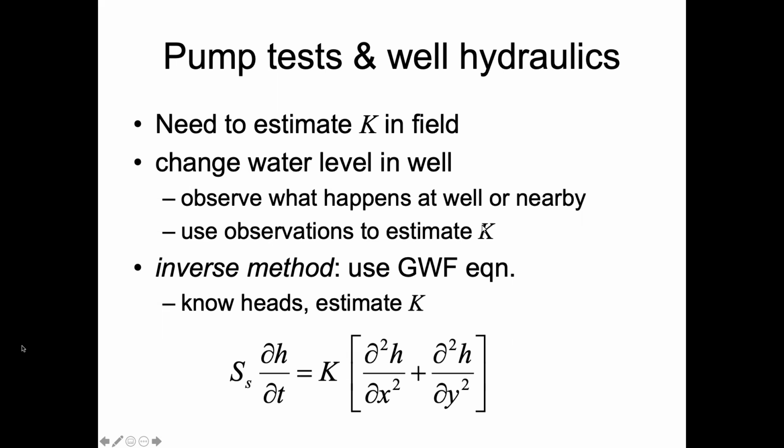And remember, that will get us back to our transmissivity. So we can think of this as the inverse method to the groundwater flow equation. Instead of trying to solve for the heads, we're trying to estimate K because we know what the heads are under different conditions at different times.